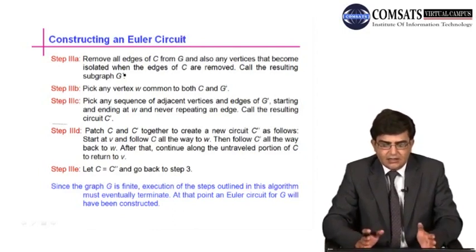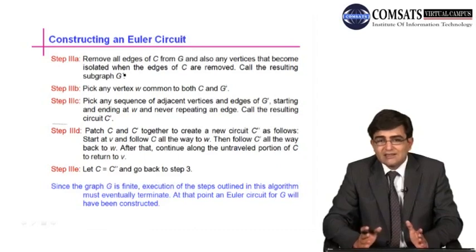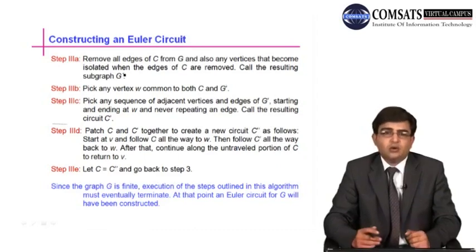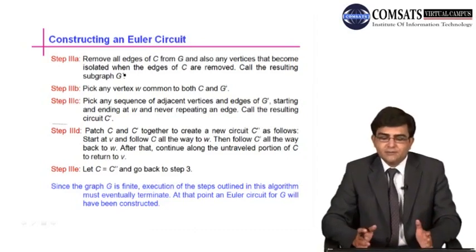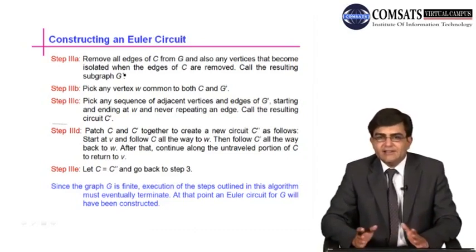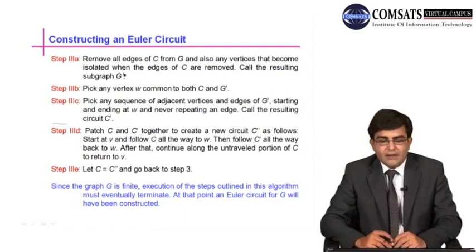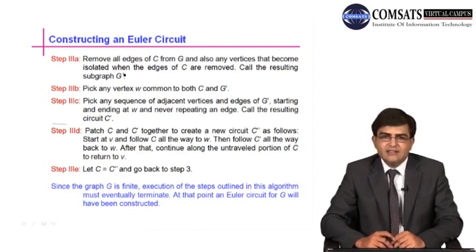We see what the common vertices between C and G dash are, and pick any vertex W, for example, common to both. Then step 3C: pick any sequence of adjacent vertices and edges of G dash starting and ending at W and never repeating an edge. Call the resulting circuit C dash.